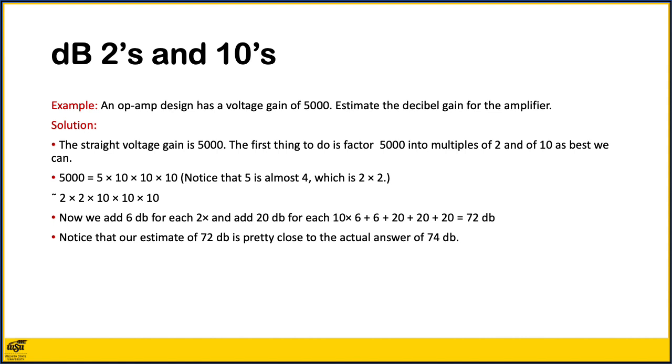Now we add 6 dB for each 2 and add 20 dB for each 10. So we get 6 plus 6 plus 20 plus 20 plus 20 is equal to 72 decibels. Notice that our estimate of 72 decibels is pretty close to the actual answer we worked out before, 74 decibels. This is just a simple way without using the log functions.